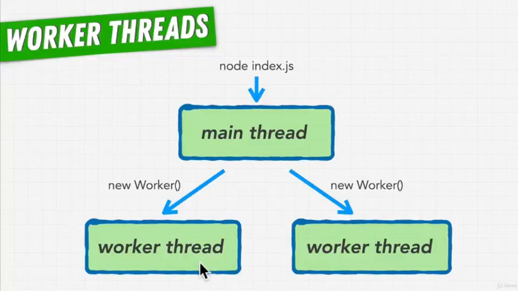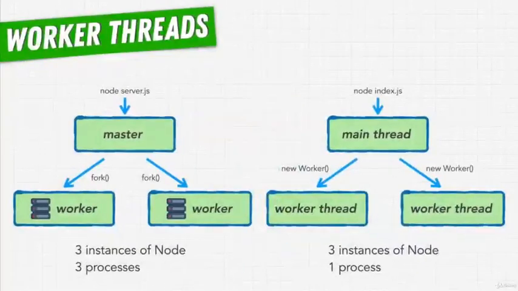And here's the main difference. Unlike processes made with the cluster module, worker threads can share memory between each other. We'll see this in action in the next video. For now, what we need to know is that the worker thread approach isn't as rock solid as the cluster approach with multiple processes.